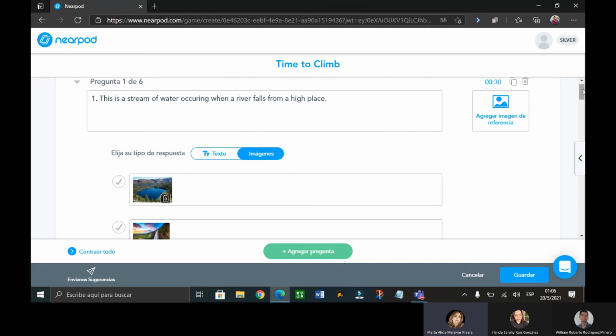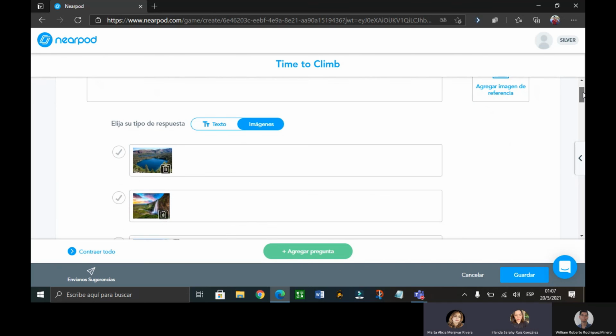Okay, guys, for this last activity, I have prepared some questions to review the vocabulary acquired. Remember that we have been talking about geography pictures. So I am going to make the question and I think you can see the pictures, right? Yes, we can.